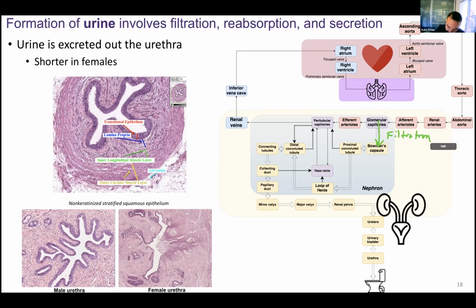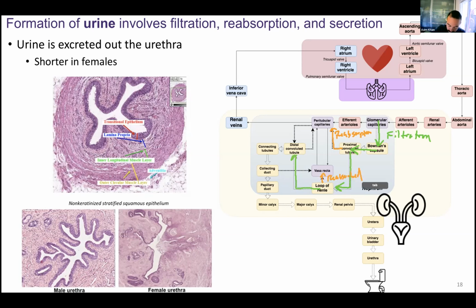That filtrate moves to the proximal convoluted tubule where we get some reabsorption. The filtrate continues in the loop of Henle, where some more stuff can be reabsorbed.